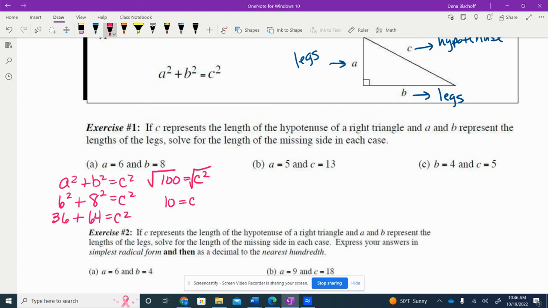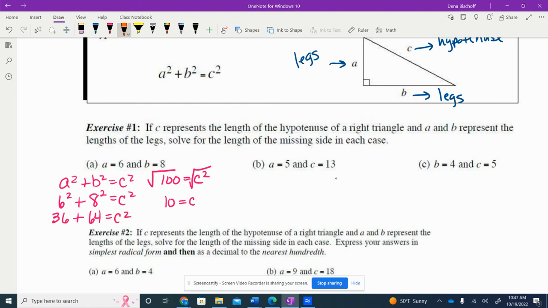Also, I could think of it as negative 10, since negative 10 multiplied by itself equals 100. However, we're talking about measurements of an actual object, and I don't think anything can have a negative measure if it's an actual object. Like the side length or the hypotenuse of a triangle cannot be negative.